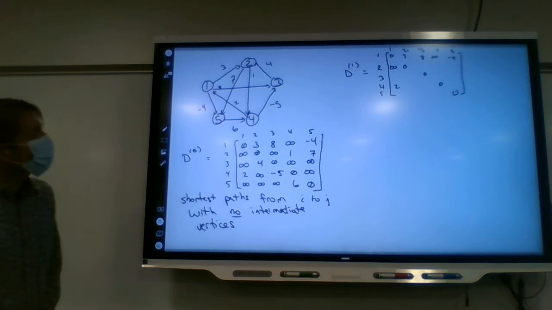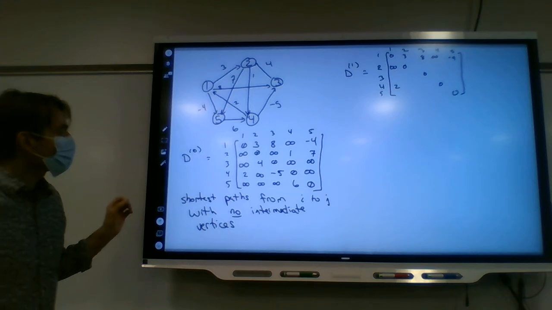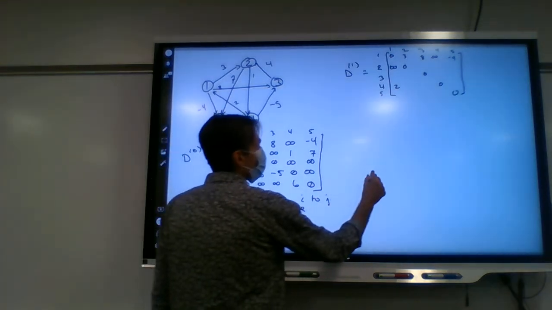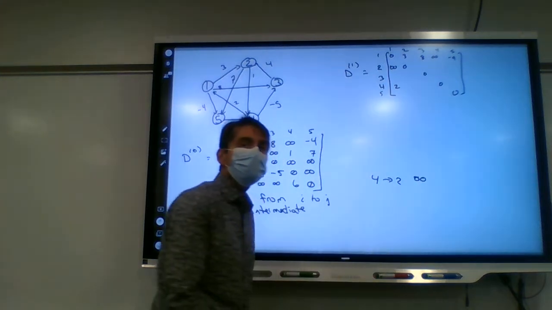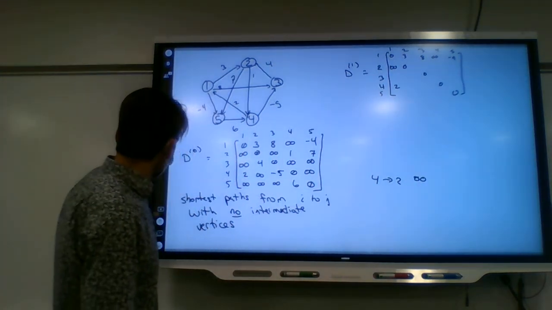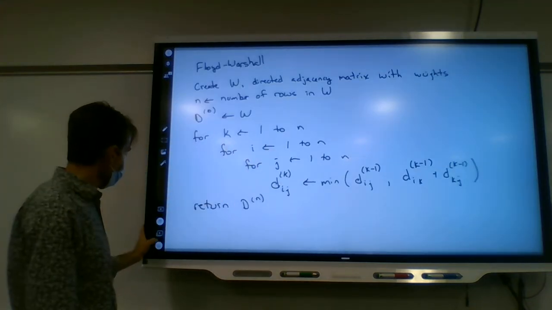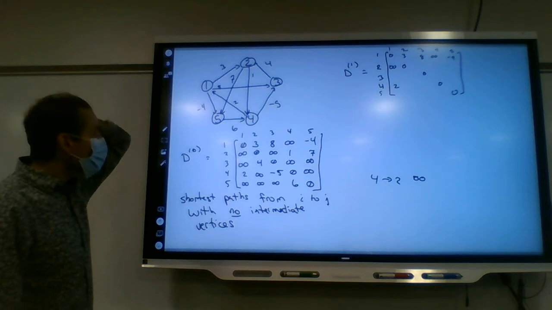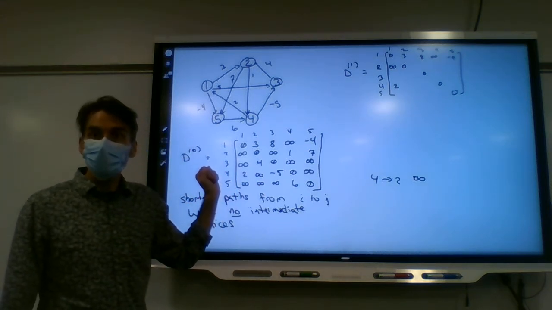Now we're going to go from 4 to 2. 4 to 2 over here is infinity. But we're going to cycle through all of the values and say, okay, I can go 4 to 2 by going through 1.